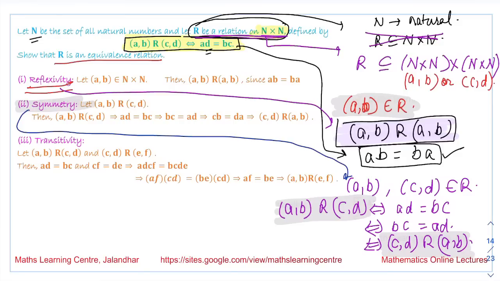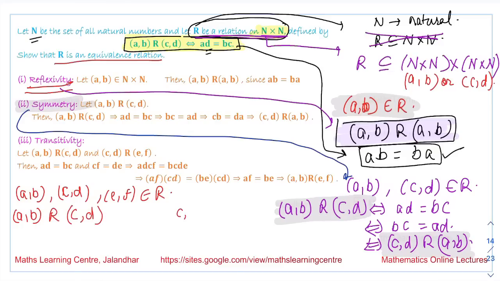Next we have to prove it is transitive. So we are considering three elements over here. The first element is (A, B), next is (C, D), and next is (E, F). These are the three elements we have considered from R, and we are considering that (A, B) is related to (C, D), and (C, D) is related to (E, F).